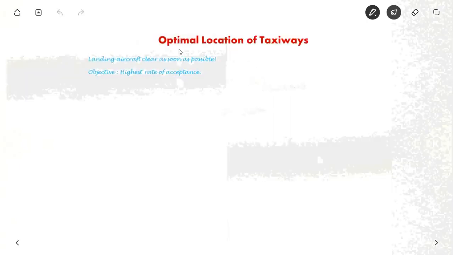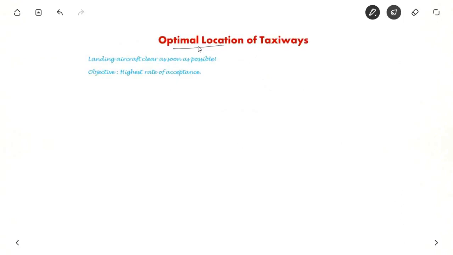Another thing is, where should the taxiway be located? We should find an optimal location so that you have the highest rate of acceptance. As you can see, there will be arrival rate. One aircraft lands one after the other. Let us say in 5 minutes some 7 aircrafts land. So per minute it is 7/5, that is the arrival rate.